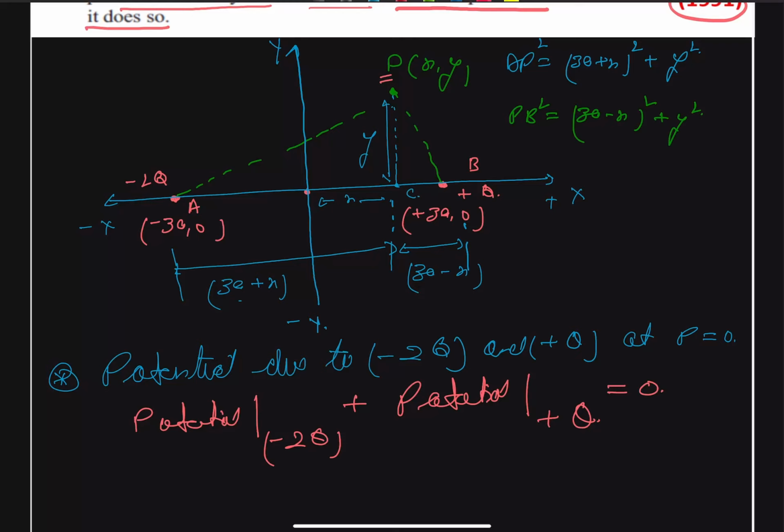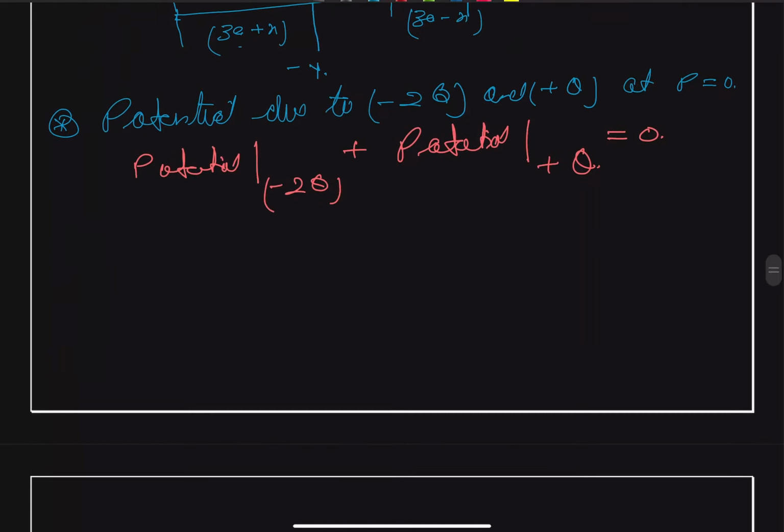Let us remove the square terms and take the square root, because these are nothing but right angle triangles. This is a right angle triangle and this is also a right angle triangle.